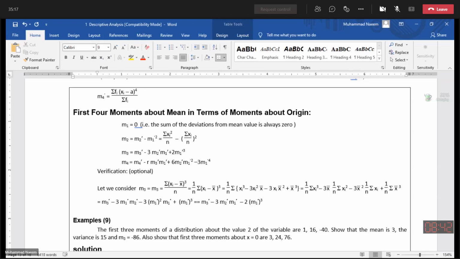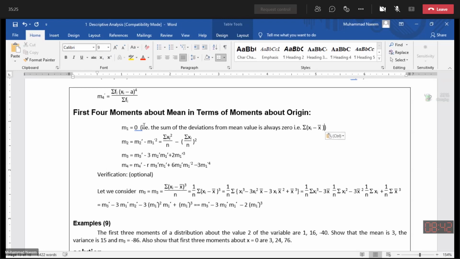Or we can say this sum is 0 because in the definition of first moment about mean, we have the deviations with respect to mean with powers of 1 and dividing by n.